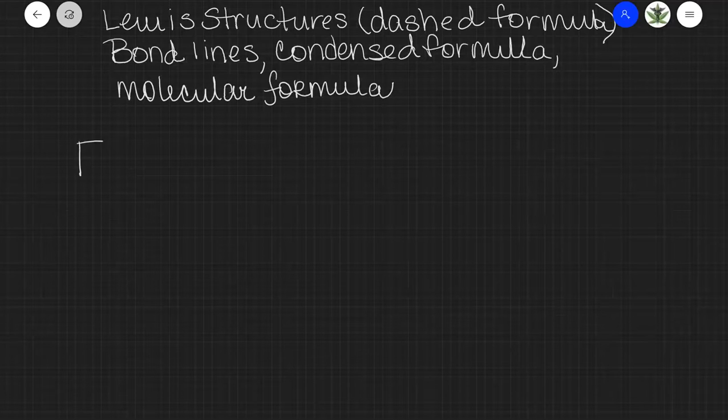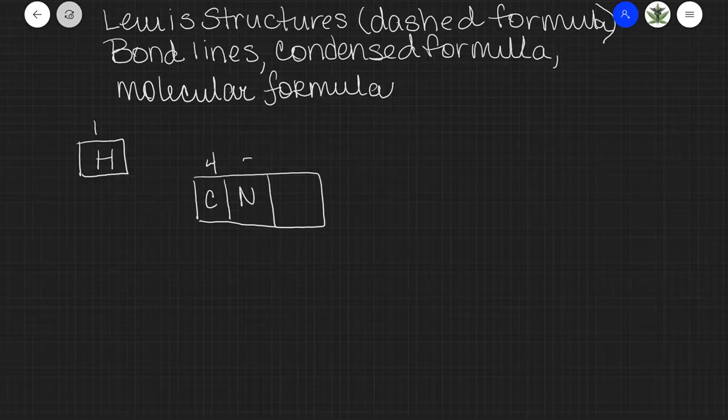So again, keep in mind with the periodic table, hydrogen has 1 valence electron. Carbon has 4 valence electrons. Nitrogen has 5 valence electrons. Oxygen has 6 valence electrons. And fluorine has 7 valence electrons.